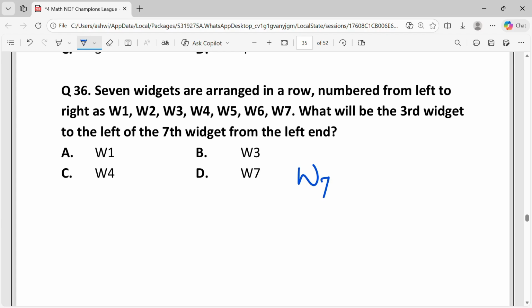The third widget to the left of W7 is found by counting 3 positions to the left from W7, that is W6, W5, and W4. So the answer is C, W4.